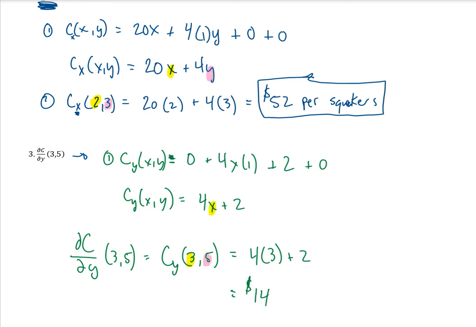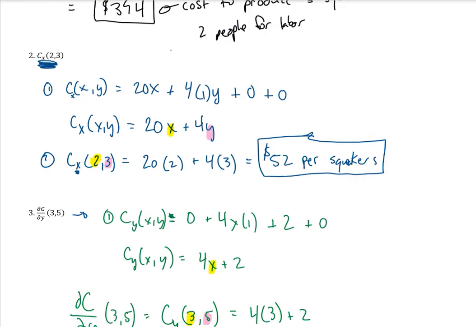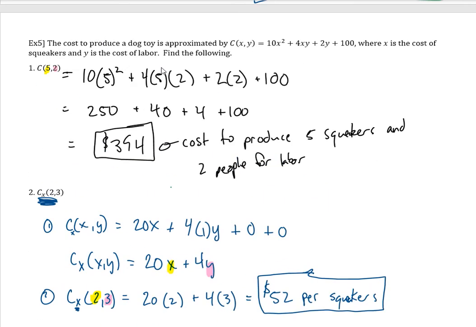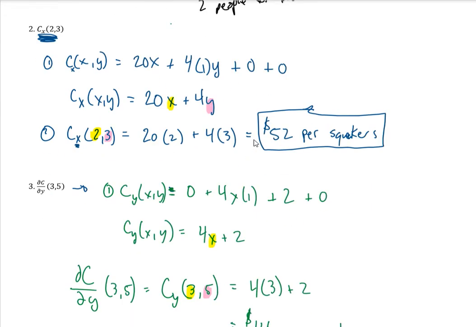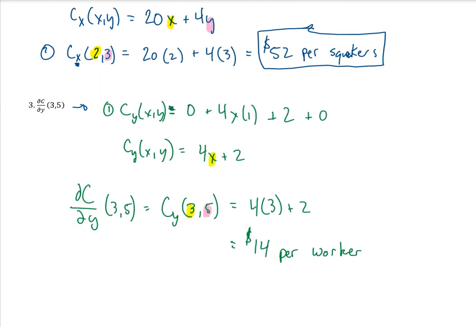And then it's per whatever the variable is for the partial derivative, which is with respect to y. So $14 per worker, since y is the cost of labor. I'm assuming that means per person.